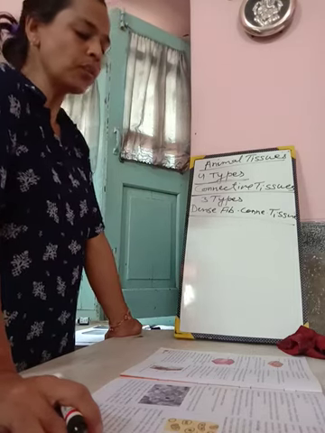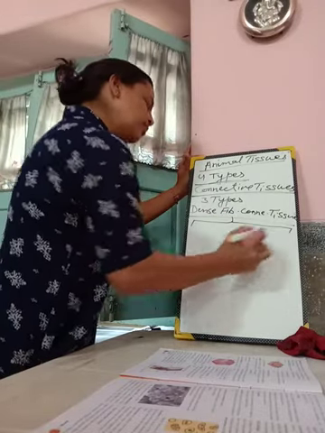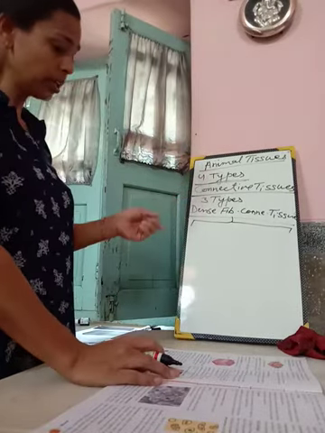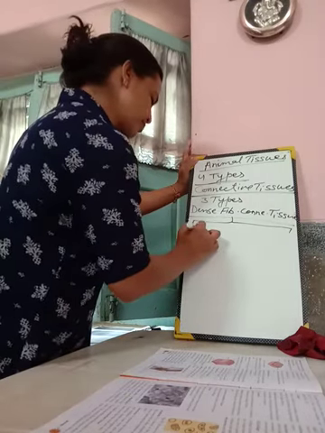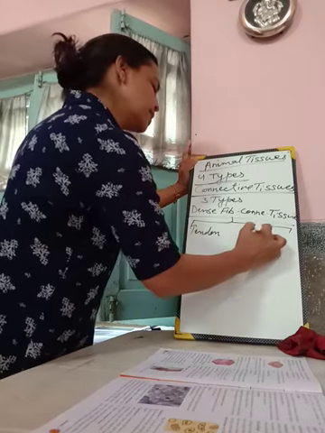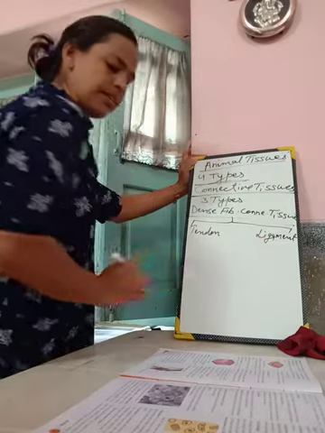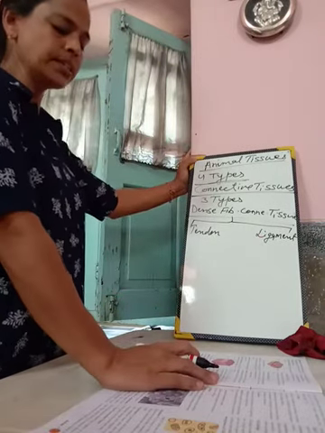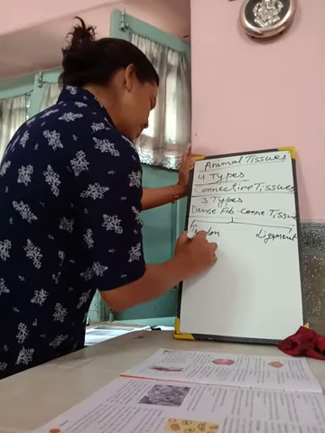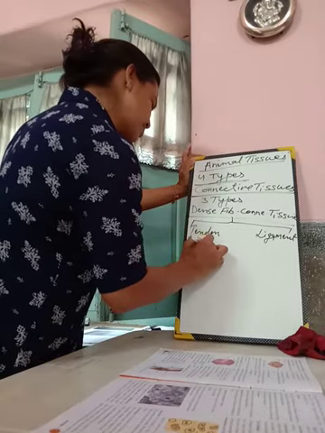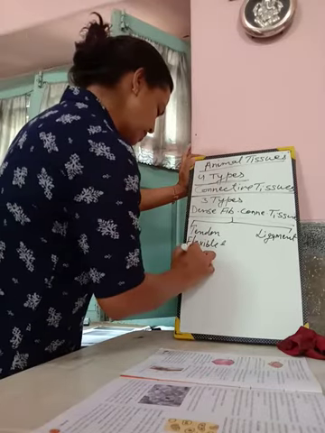It is of two types. Same as before, there was areolar and adipose tissue; here it is tendon and ligament. Tendon is flexible and inelastic.